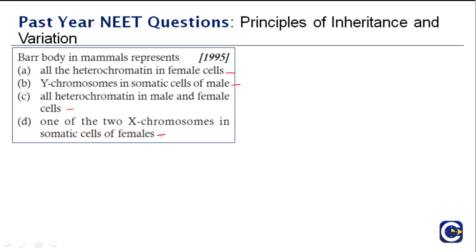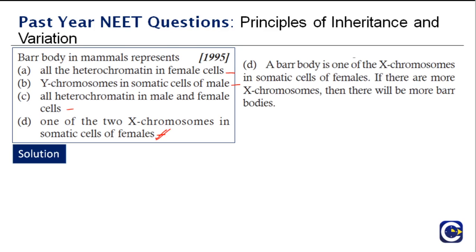Barr body represents one of the two X chromosomes in the somatic cells of the female. A Barr body is one of the X chromosomes in somatic cells of the female. If there are more X chromosomes, then there will be more Barr bodies. Okay, so only one X chromosome will be active, the rest will be converted to Barr bodies. So the right answer is D.